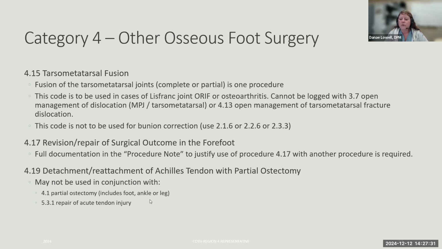4.15 is used if you perform a fusion at the Lisfranc joint and is considered one procedure regardless of the number of joints worked on. It can be used for acute ORIF or chronic OA, but cannot be used with open management subcategory 3 or 4 and is not to be used for correcting a bunion. 4.17 is for revision of the forefoot and is typically used as the index procedure, requiring documentation in the procedure note if another procedure is logged. 4.19 is used when the Achilles is detached and reattached after completing an ostectomy.